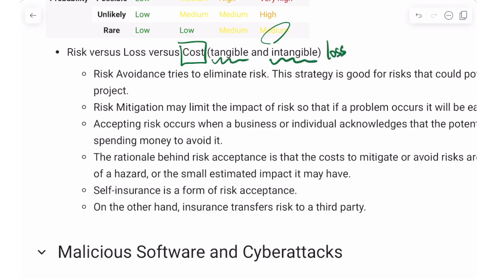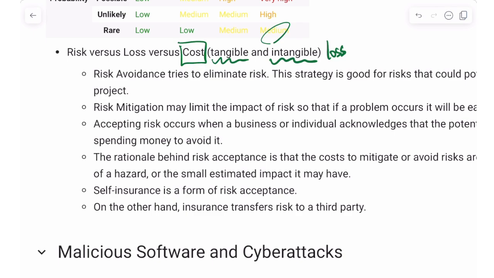For example, if you have an e-commerce website and sometimes your website will be attacked by the hackers. And every time the hackers shut down your website, it may cost you, for example, 5 million New Taiwan dollars, because your website is unavailable for your customers to access, right?